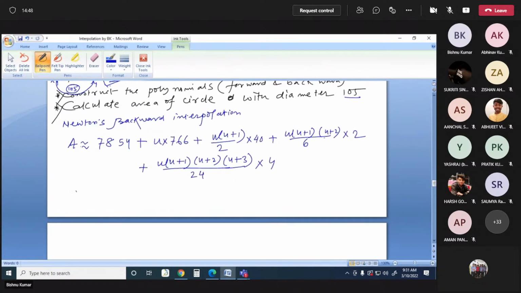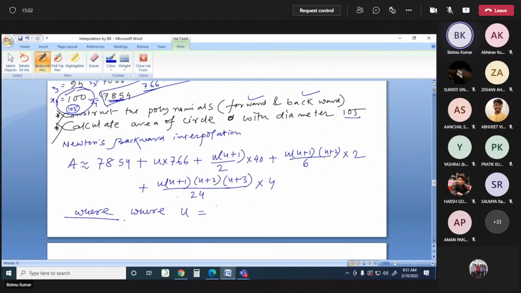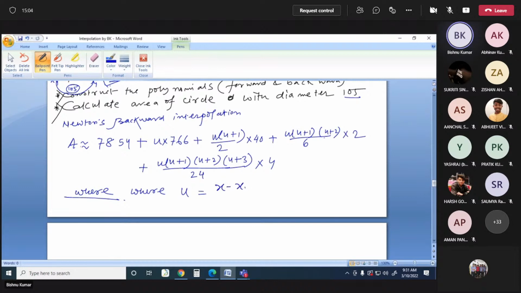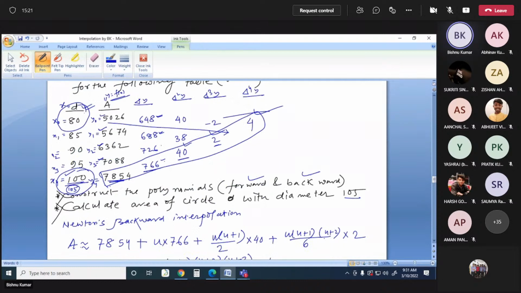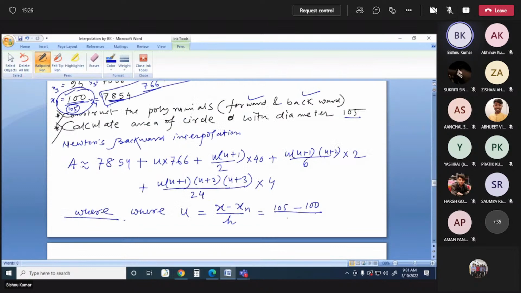And what is u? Where u equals x minus xn by h. Actually x is the asking point, 100, xn means the last value of x, 100, and h is the space length between the x arguments, 85 minus 80 or 100 minus 95, whatever it is, 5.